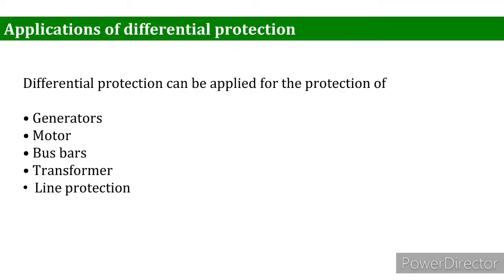As we saw in our whole lecture, we take the example of the winding of basically an alternator winding. Same is the case with a transformer. The transformer case, bus bar case, and line protection, we will study in detail for each component protection in our upcoming lectures.